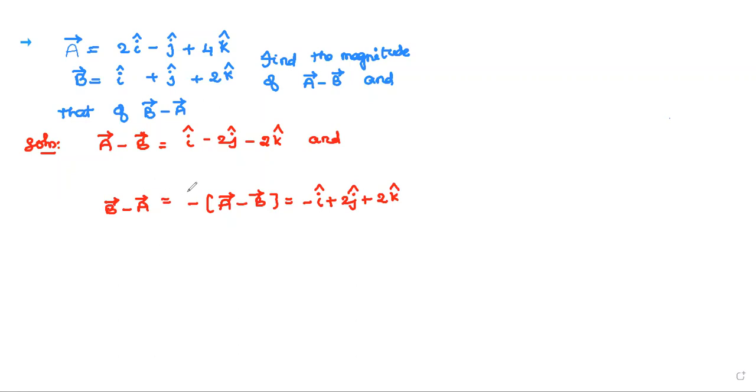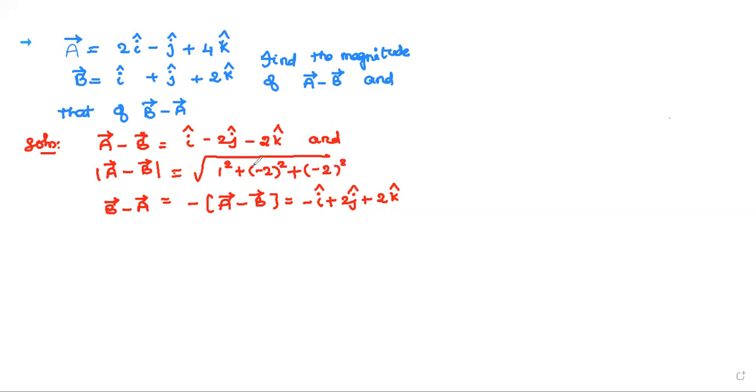Okay. Then he is asking the magnitude of both. Magnitude of first, mod of a bar minus b bar, is equal to root over ax square plus ay square plus az square, that is 1 square plus minus 2 whole square plus 2 whole square.